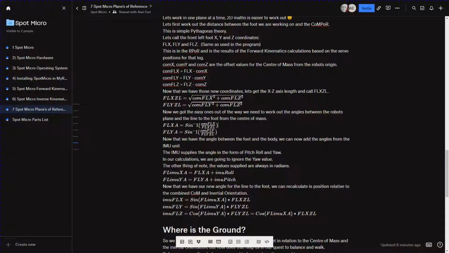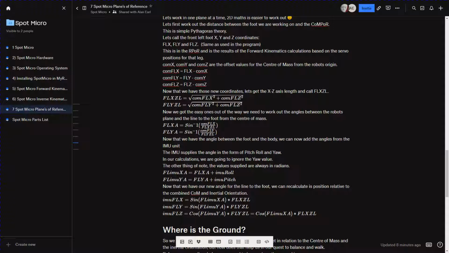We can calculate the X, the Y, and the Z position, which we'll call IMU FLX, IMU FLY, and IMU FLZ. So that's the X, Y, and Z coordinates based on the inertial and center of mass origin and plane.